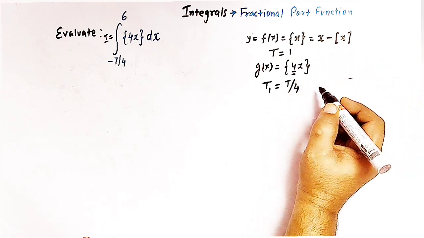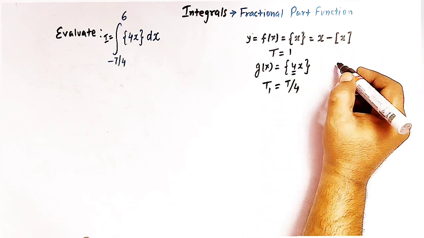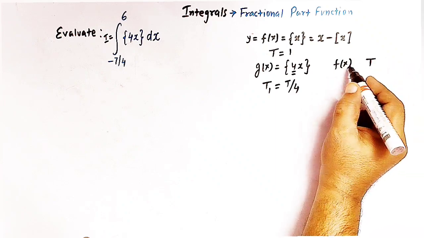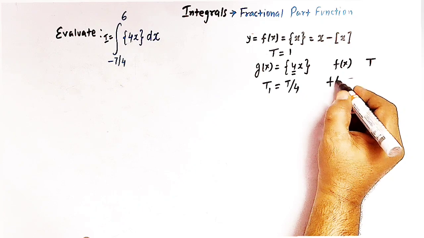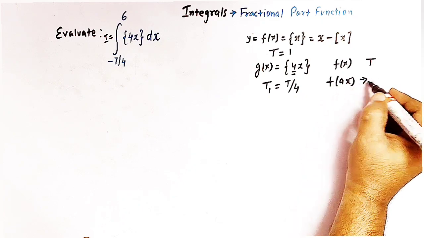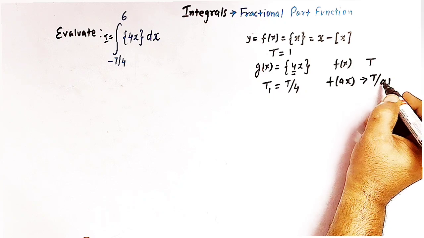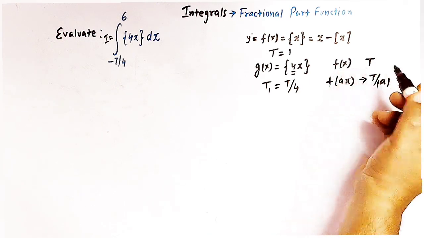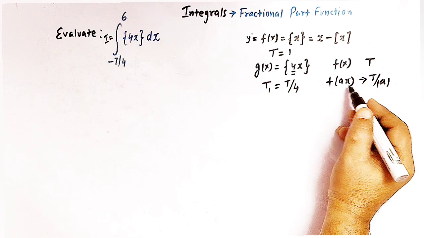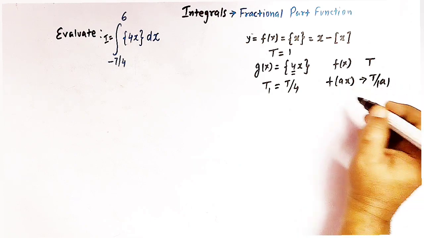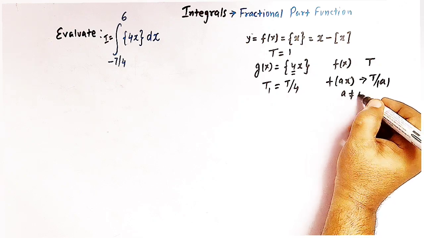We know that if we have a function f of x and its period is T, then the period of f of ax is given by T divided by the absolute value of a, where a is not equal to 0.